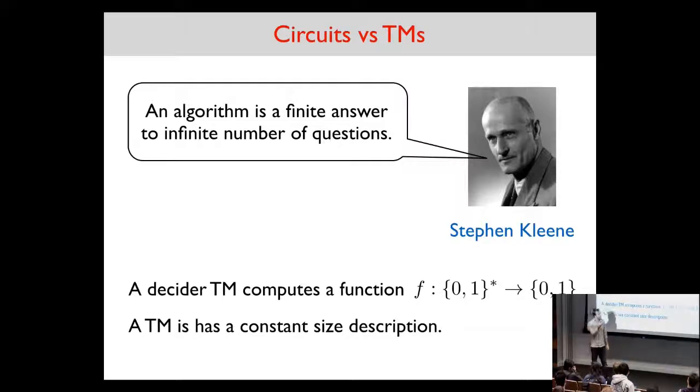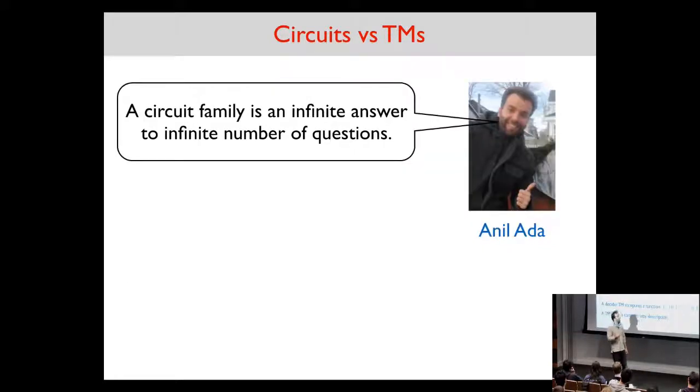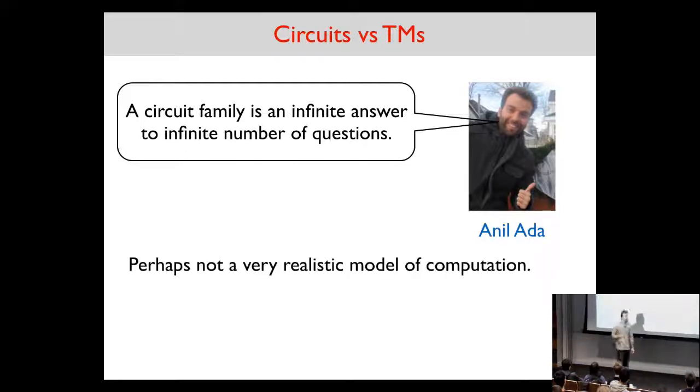Now, you can ask, what would be the corresponding quote for circuits? I don't think anyone said it, so I'll say it. A circuit family is an infinite answer to an infinite number of questions. This is not as profound as the other one, but it's true.